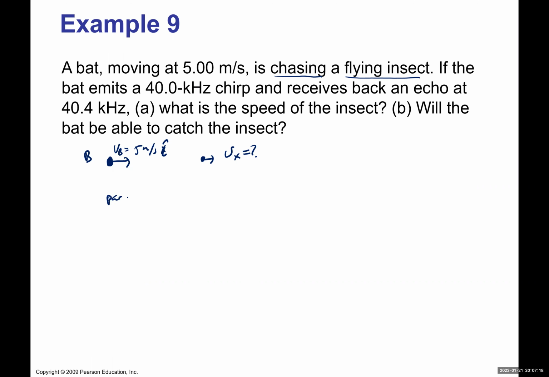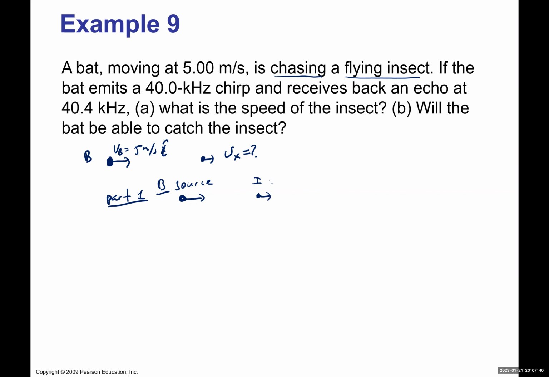What we can see here is part one, where we can assume that the bat is moving in this direction, and this is basically the source. So the bat is the source, and the insect is the observer.